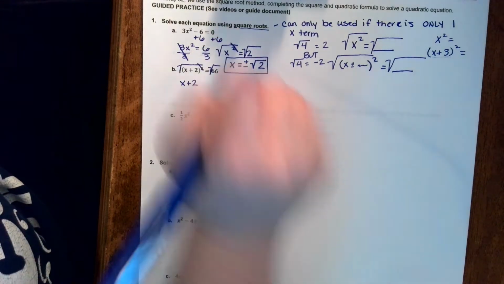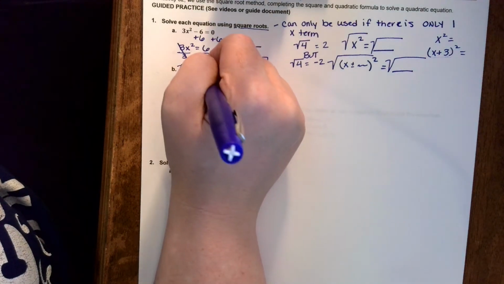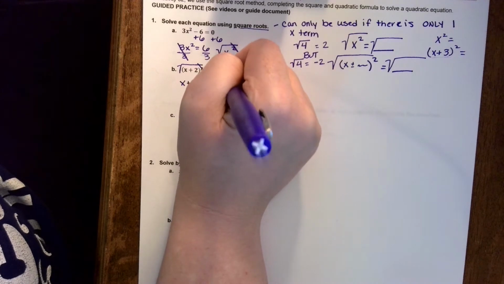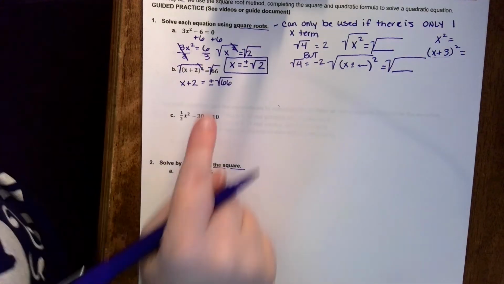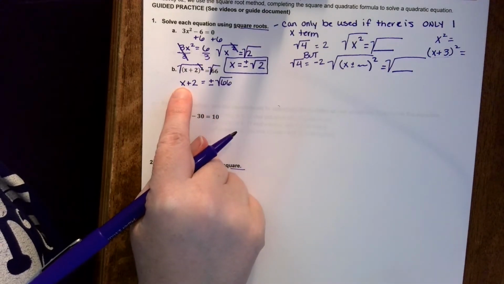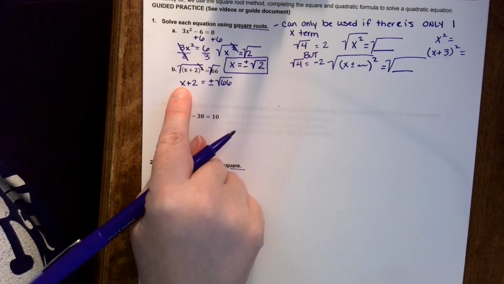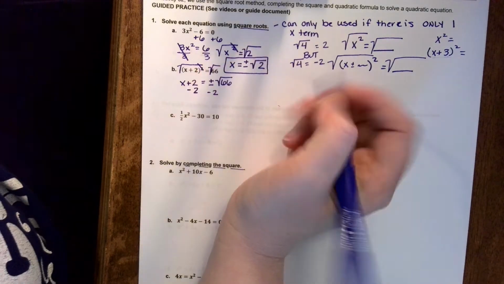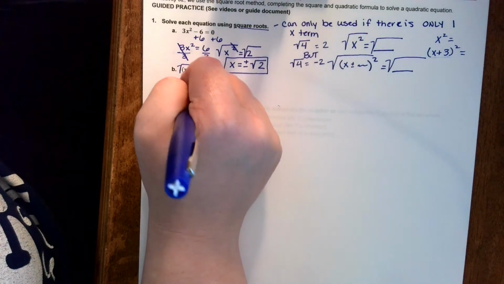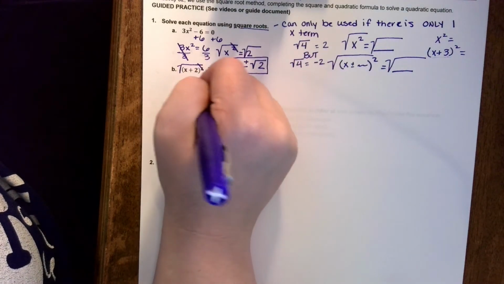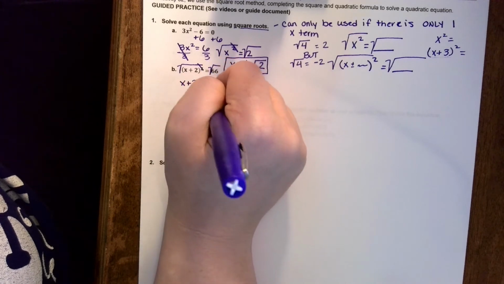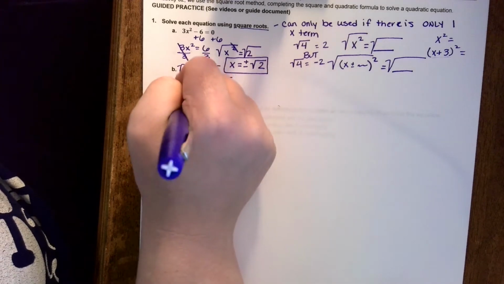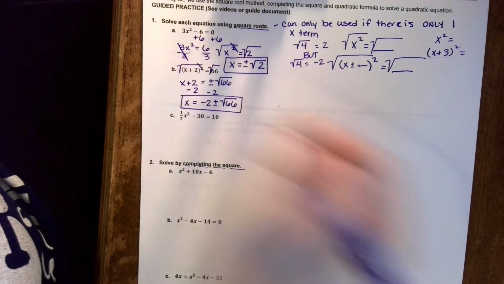And I have x plus 2 equals plus or minus the square root of 66. So again, I want to get x by itself. So I'm going to subtract 2 from each side. And this gives me x equals negative 2 plus or minus the square root of 66. And we can just leave it there.